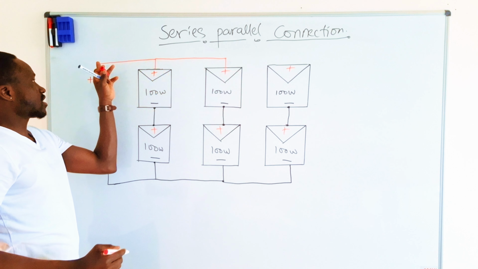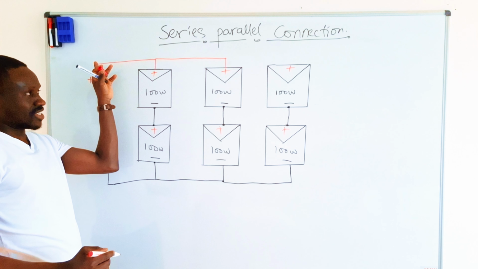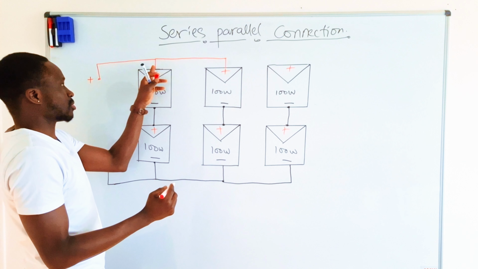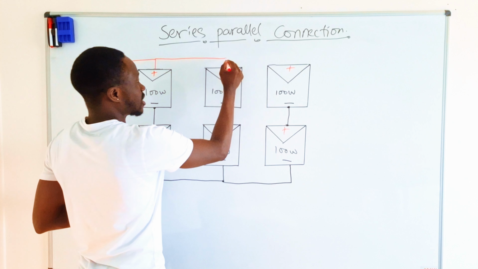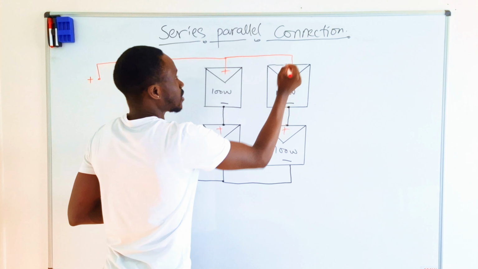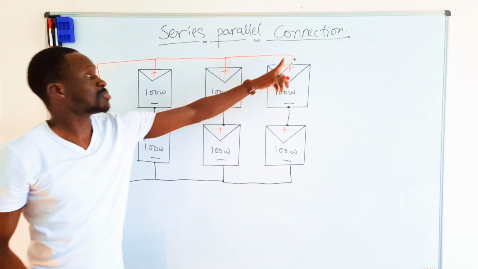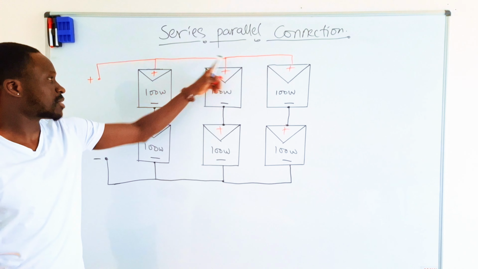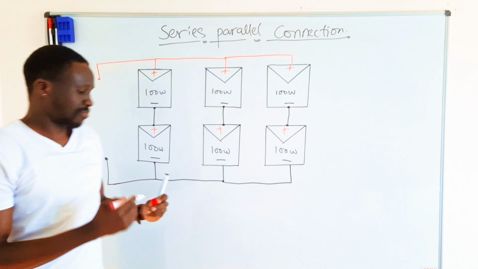This terminal is here. They have the same point. This point is the same as here. The same way we connect them in parallel. This point here is the same as here. This point is the same here.